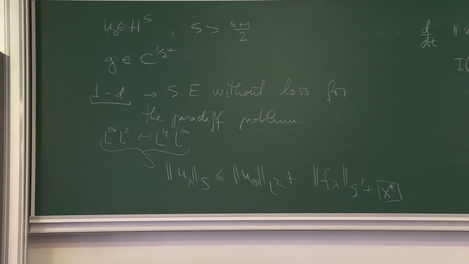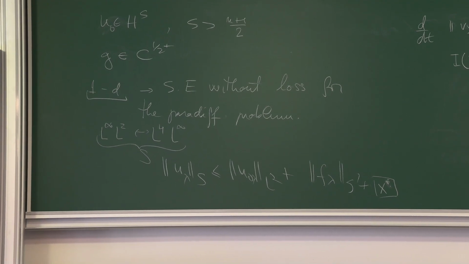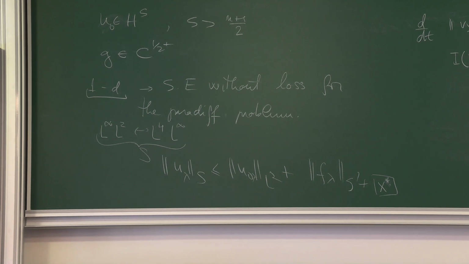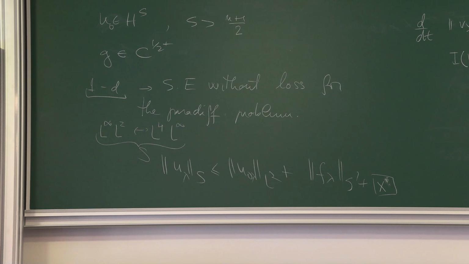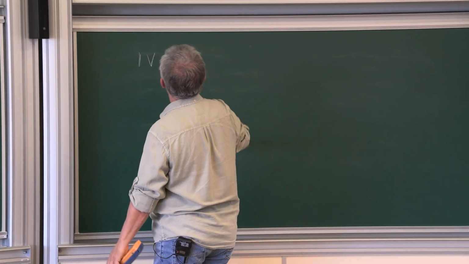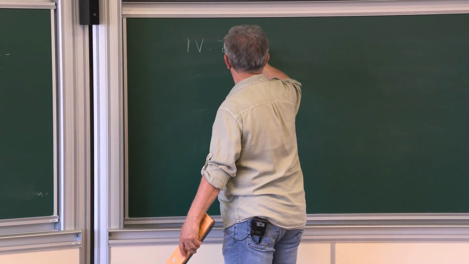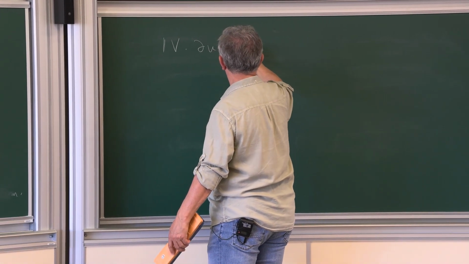So the way it works is, suppose I want to estimate the norm of V times derivative of whatever we have in there, U in X star.